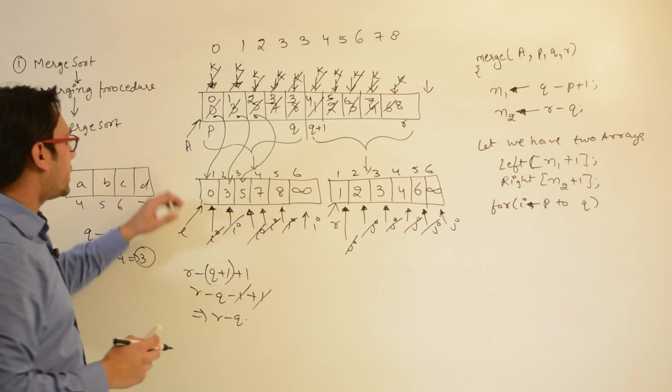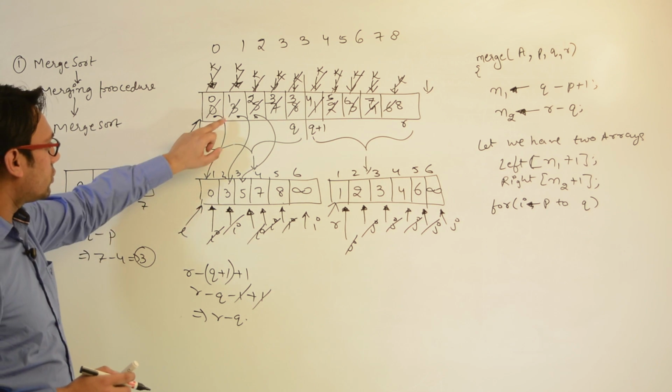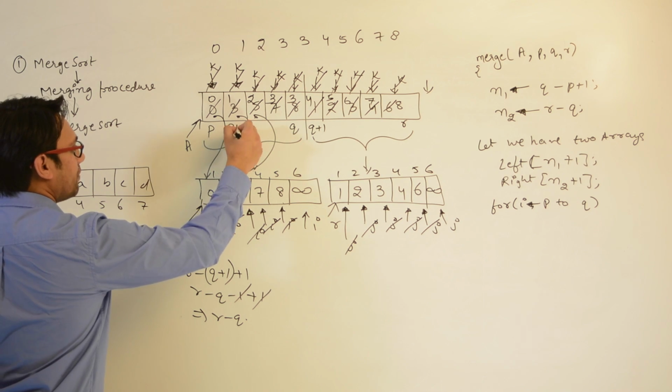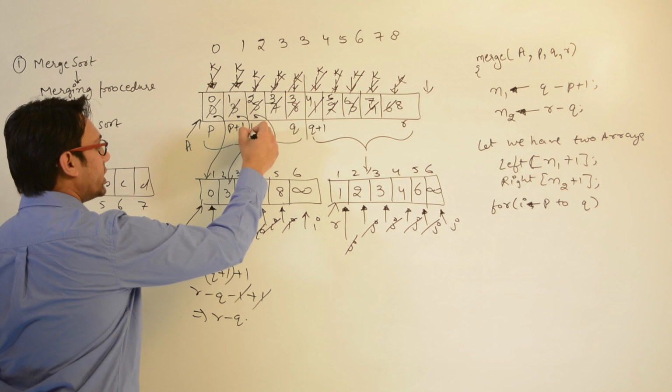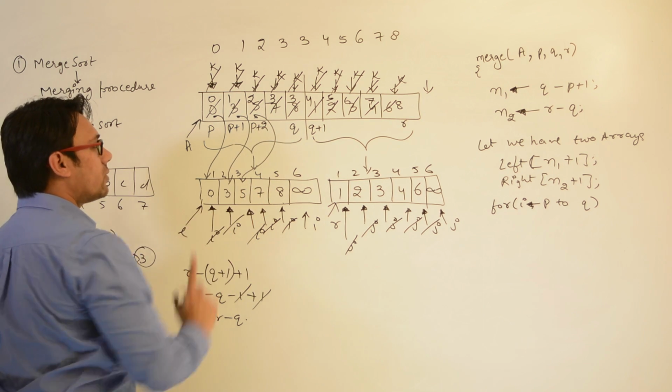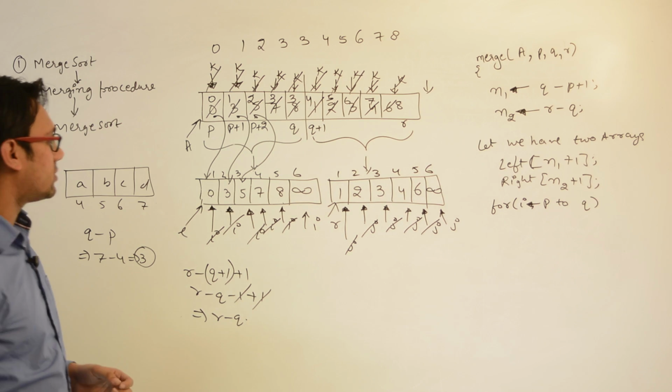We want to copy the data which is stored in the index location P to the index location 1. We want to copy the data which is stored at the index location P plus 1 to the index location 2. We want to copy the data which is stored at the index location P plus 2 to the index location 3. Therefore, we have to map all these index locations, right?